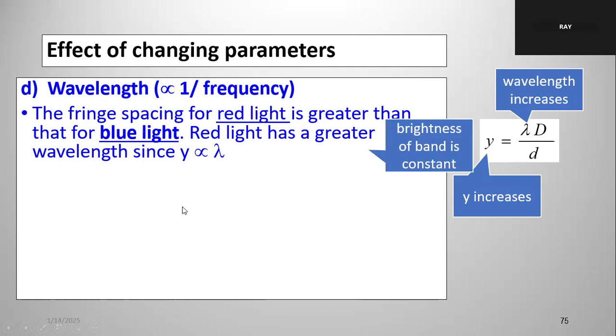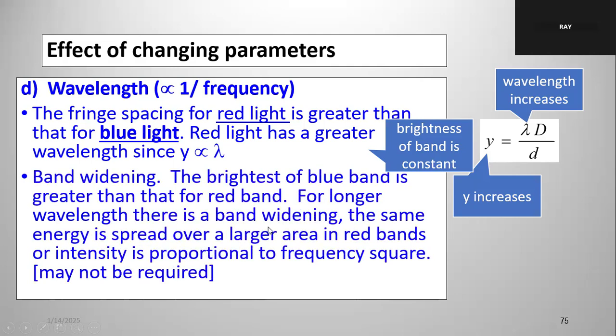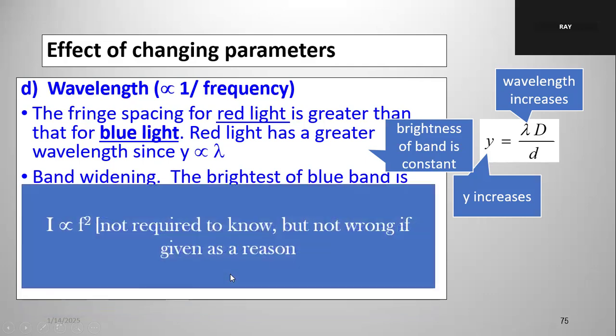Even though it's wrong, you're not required to know this one. Band widening. Right? You don't need to know that. It's not wrong, even if you use band widening to argue it out, or intensity is proportional to frequency square. Right? It's not wrong. But it's not in the syllabus, so no need to know that.